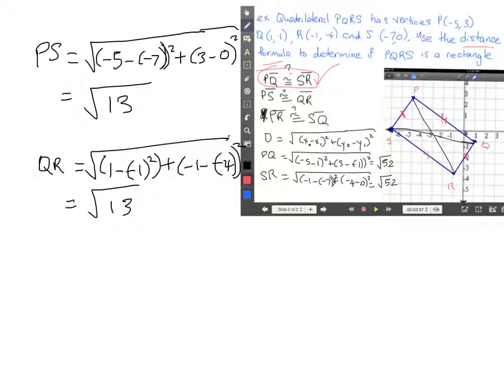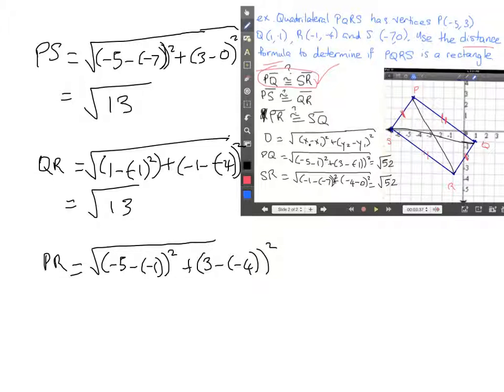Let's see. All right, so PR is equal to, and again, I'm just using the distance formula because that's what the question asked for, negative 5 minus negative 1 squared plus 3 minus negative 4 squared. And when you work that all out, you should get the square root of 65.